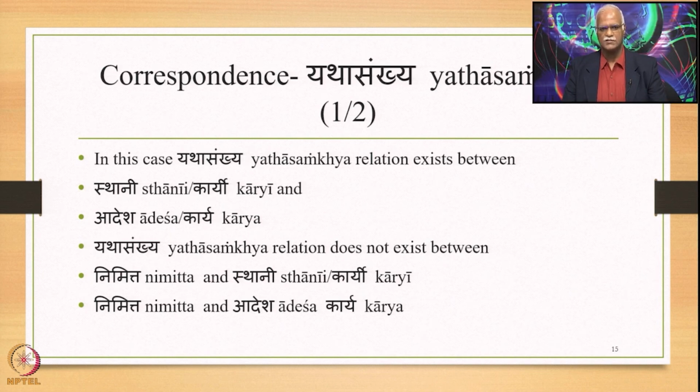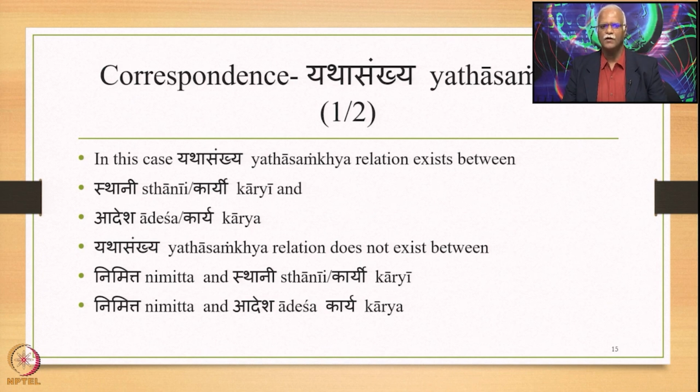In this case, Yathasankhya relation exists between sthani and adesha, karyi and karya only. Yathasankhya does not exist between nimitta and sthani or nimitta and karyi, as well as nimitta and adesha.